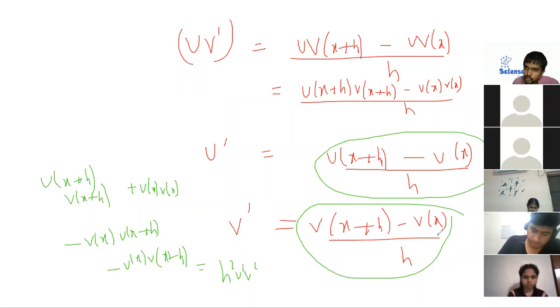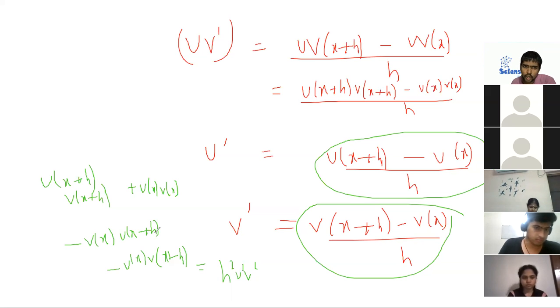U of x plus h, v of x, v of x plus h, u of x, right? That is u dash v dash into h square. Now what I want is u of x plus h into v of x plus h minus u of x, v of x.